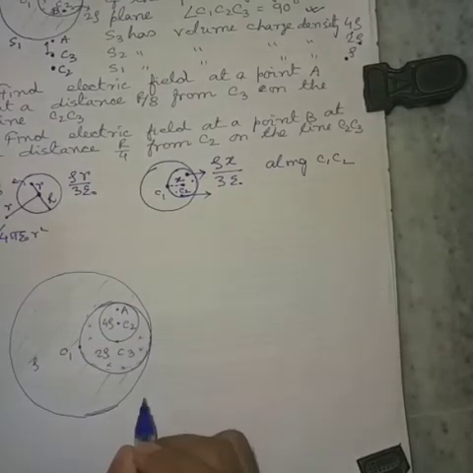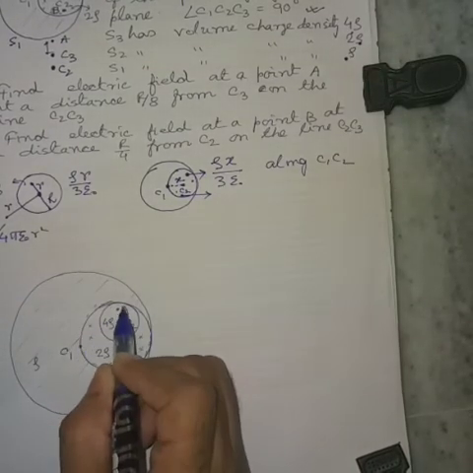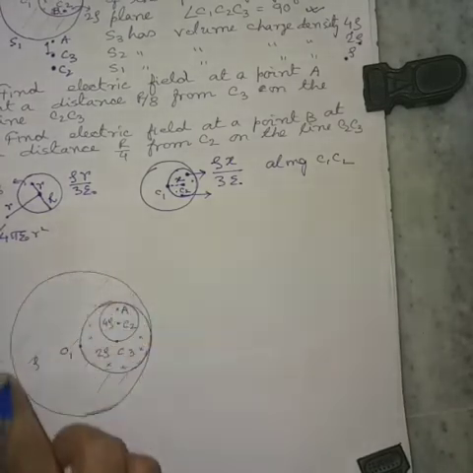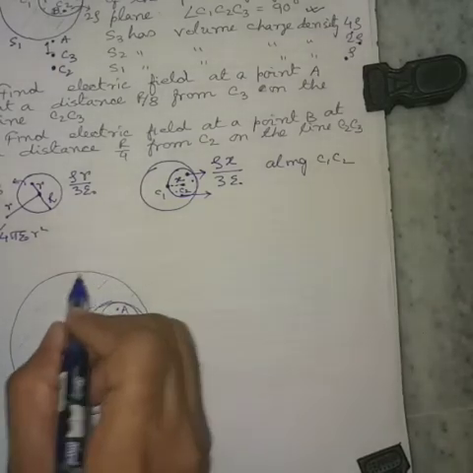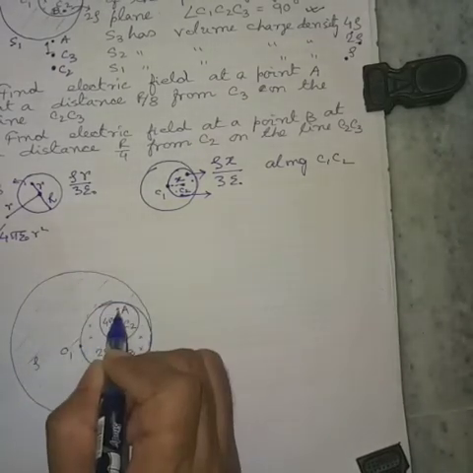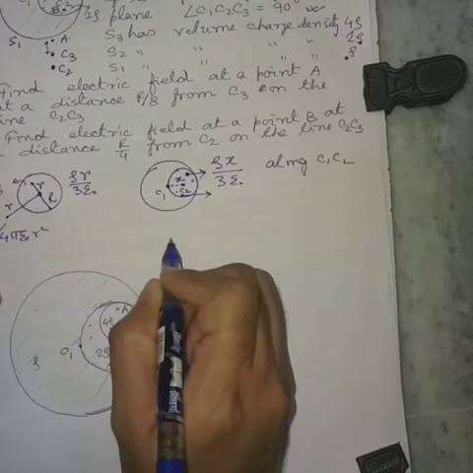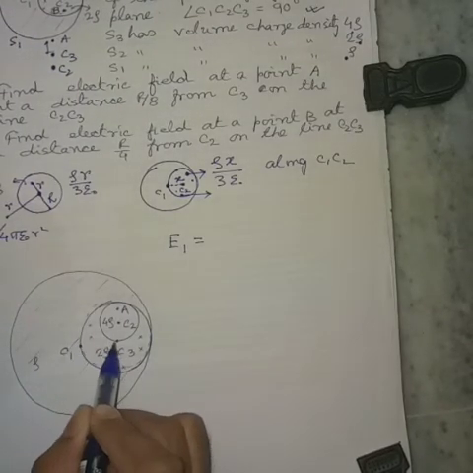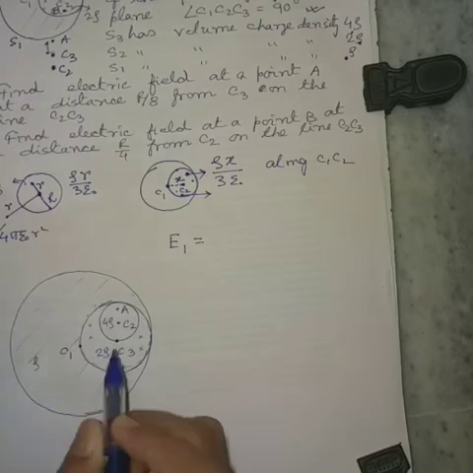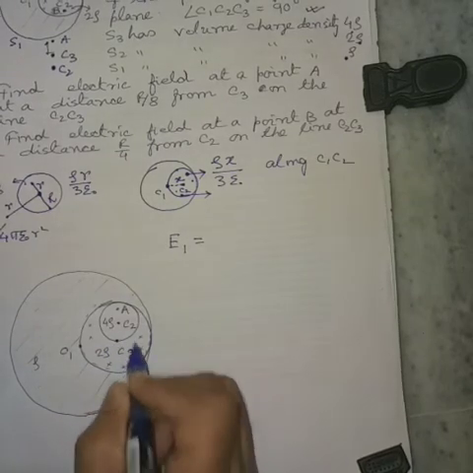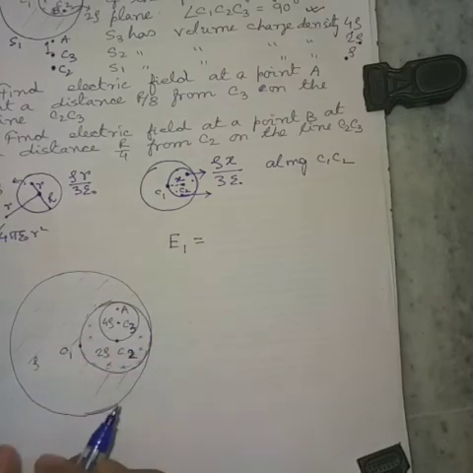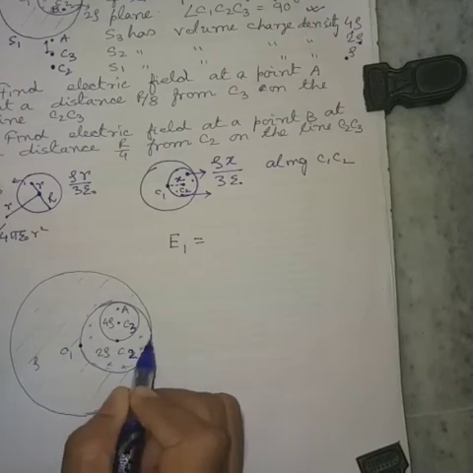Look at this. We have to find out electric field at A. Now you can think that this sphere S2 is a cavity inside the larger sphere S1. Then due to S1, the electric field at A, E1. The distance between C1 and C2 is r by 2 obviously, because this sphere has a radius r.